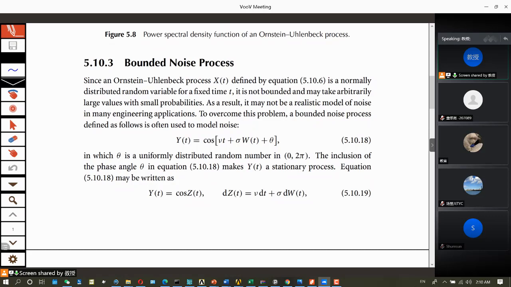A wide band process, the limiting case is a white noise. For a narrow band process, it has a central frequency and then some other frequency components close to this frequency. Okay. Mathematical model of a narrow band process is called bounded noise process.